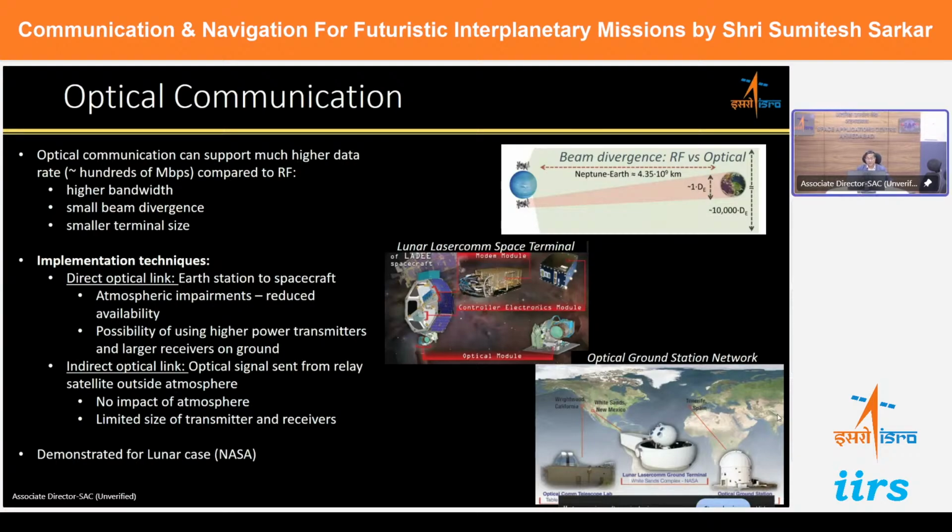And these have already been implemented in some experimental cases on the surface of the Moon, demonstrated by NASA. There are direct optical links as well as indirect optical links like RF. Of course, these links will have more effects due to the atmosphere and clouds. The near-Earth effects will be much more significant compared to RF. Next.